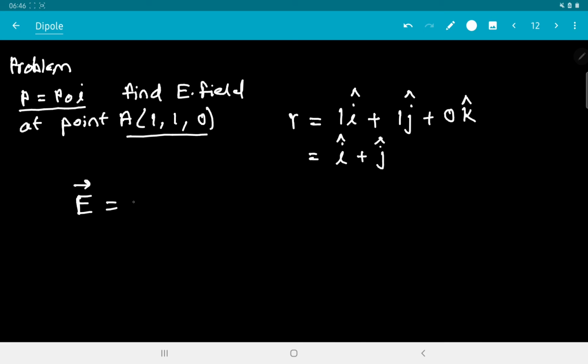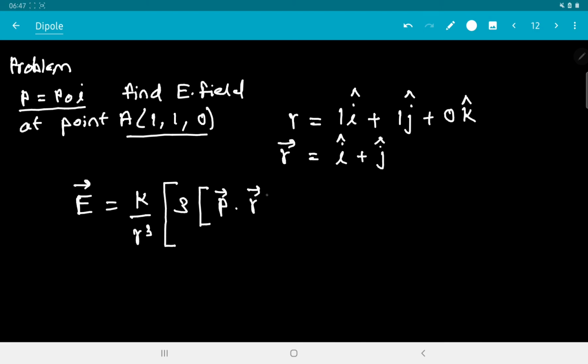Now we can write the equation k by r cube. We have 3 times p vector dot r cap, where we'll be converting this r cap into r vector so we can put the position of that point.